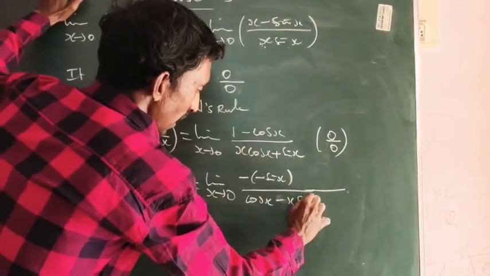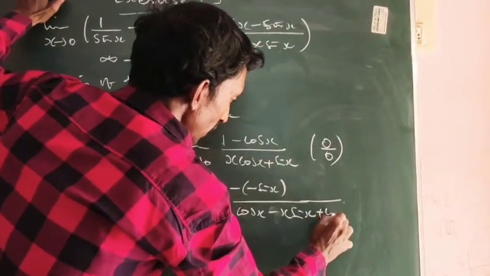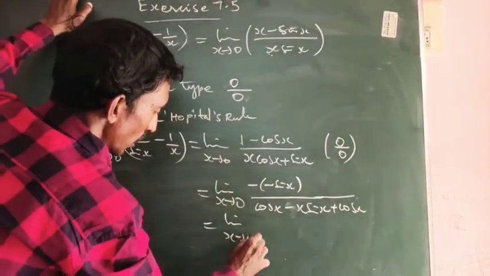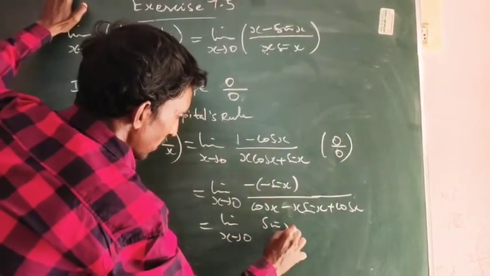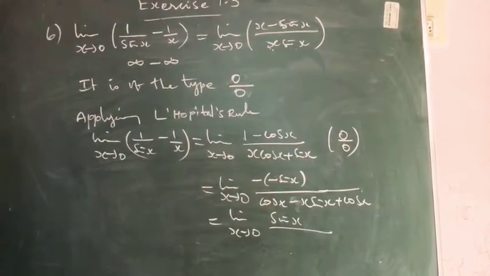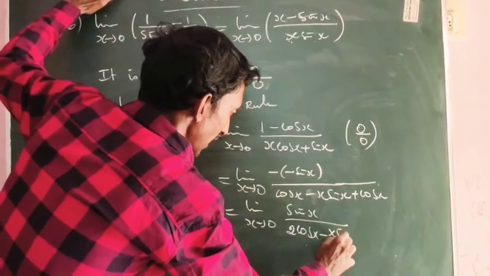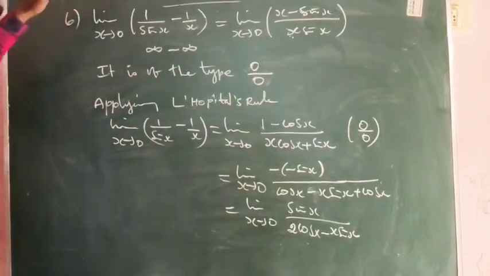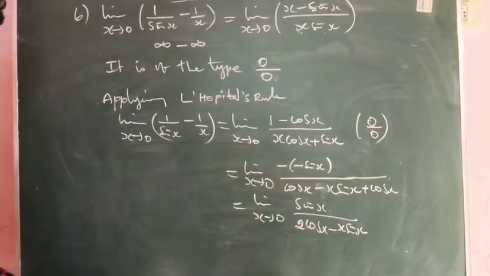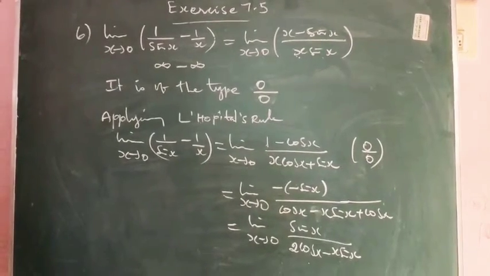So minus x sin x. Again differentiation of sin x is cos x. So limit x tends to 0, sin x by 2 cos x minus x sin x. So that is the simplified value, sin x by 2 cos x minus x sin x.